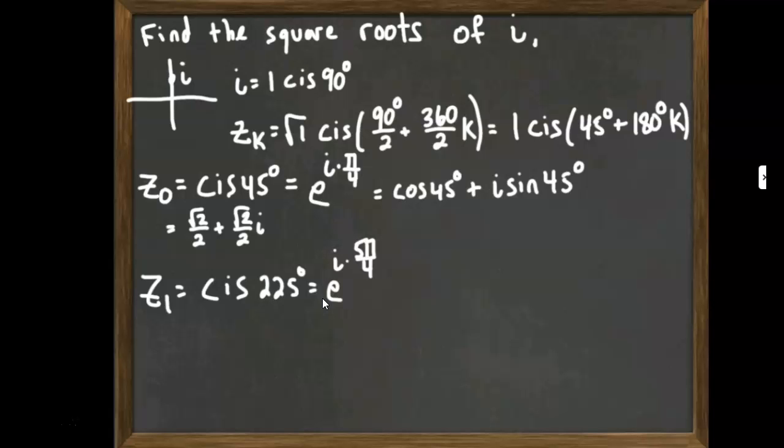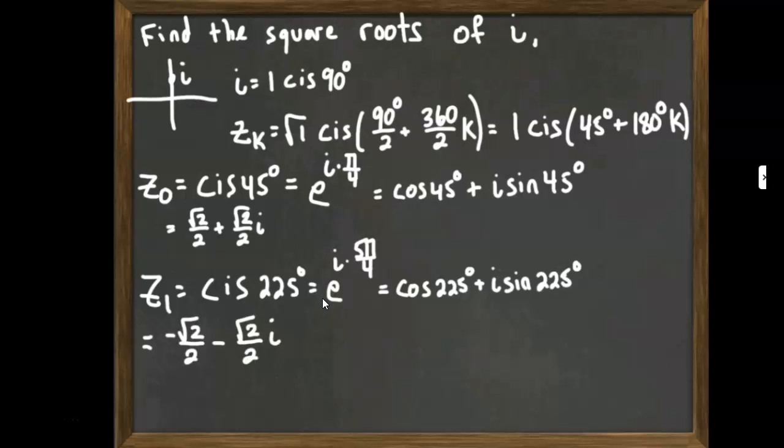And then to work it out, we would just do cosine 225 plus i sine 225. 225 is in the third quadrant with a reference angle of 45. So that's just going to be negative square root of 2 over 2 for both of those. And so we get the answer negative square root of 2 over 2 minus square root of 2 over 2 i.